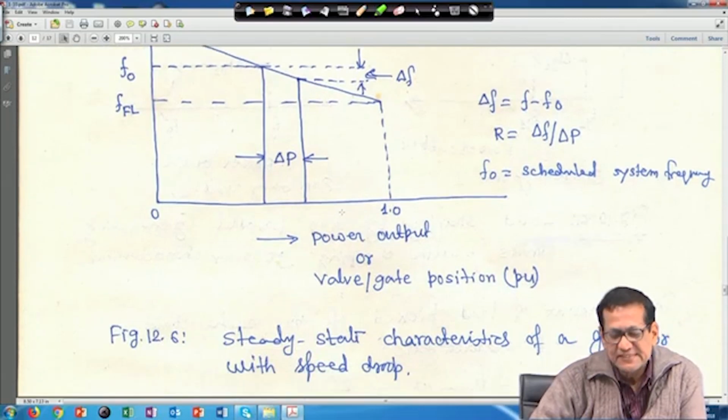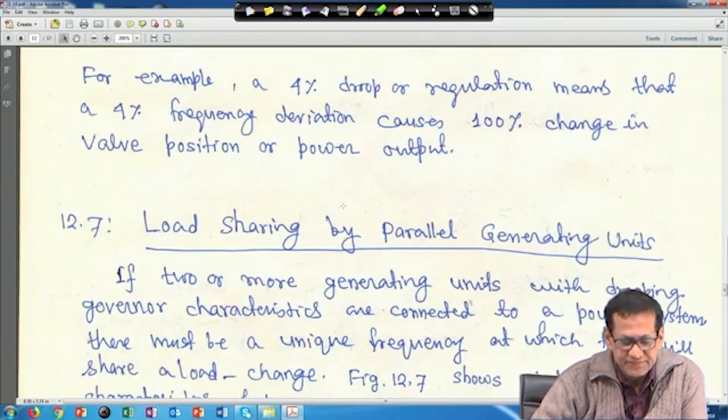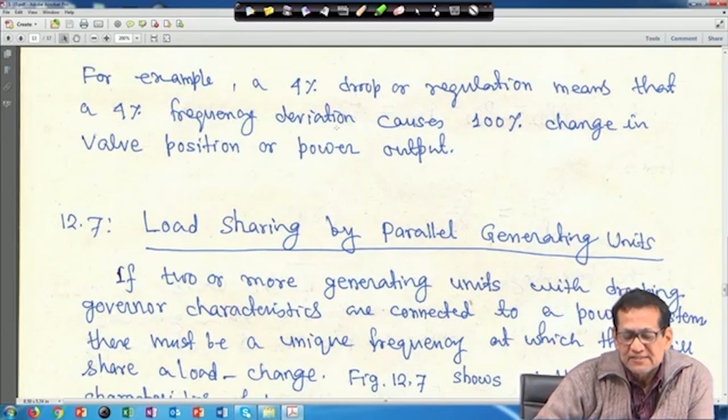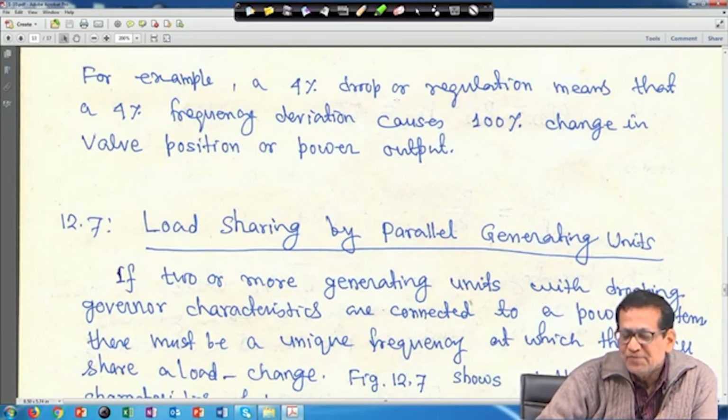This is figure 6, a steady state characteristic. That is the meaning of equation 1: a 4% droop or regulation means that a 4% frequency deviation causes a 100% change in valve position or power output.